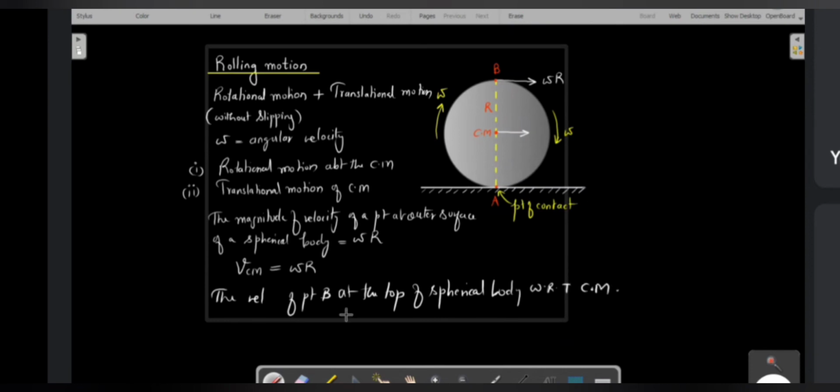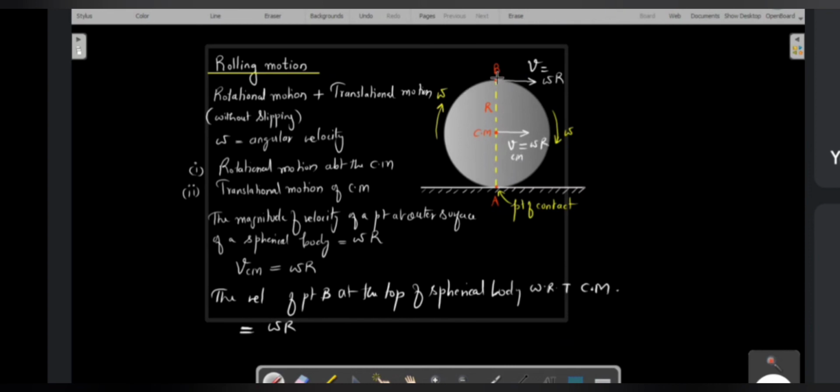What is it going to be? Its tangential velocity is given by omega into r, and we are finding it with respect to the center of mass. Now the center of mass is already moving in the same direction with a velocity of how much? The center of mass is already moving with a velocity equal to omega into r.